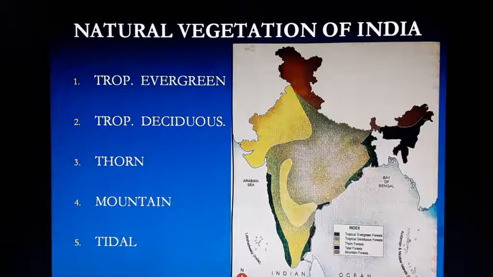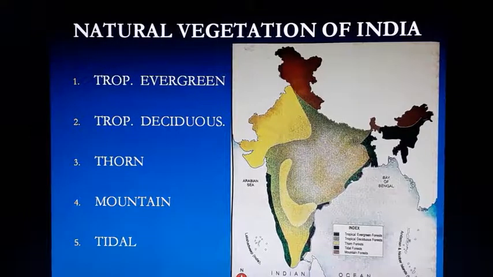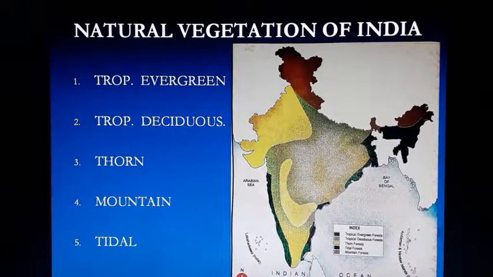We are coming to the natural vegetation of India. We are having 5 types of vegetation in our country: the tropical evergreen, tropical deciduous, thorn, mountain, and tidal. Okay, this is at Jammu and Kashmir and Assam. It's mountainous. Okay, we are having the tropical, this one, the black colored. Okay, in the northeastern, it's a tropical evergreen forest because rainfall is very high here.